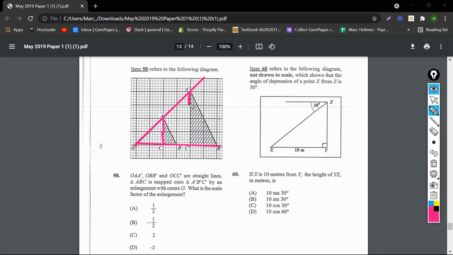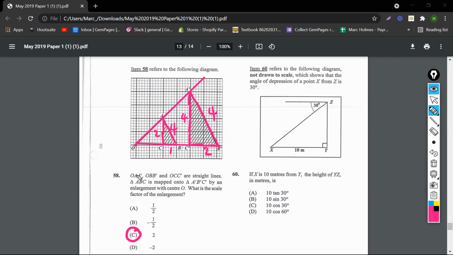And this becomes 1, 2, 3, 4. Right? So 2 to 4. And this one is 1, but this one becomes 1, 2. So 1 to 2. And this one becomes 1, 2, and this turns to 1, 2, 3, 4. So this turns to 4 as well. So we can see, guys, that it's an enlargement and the scale factor is 2.